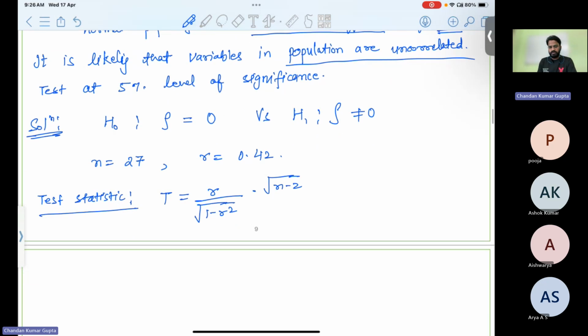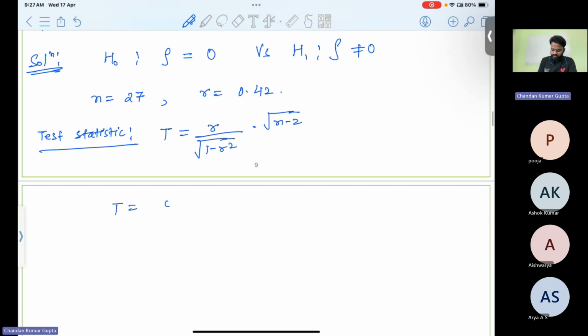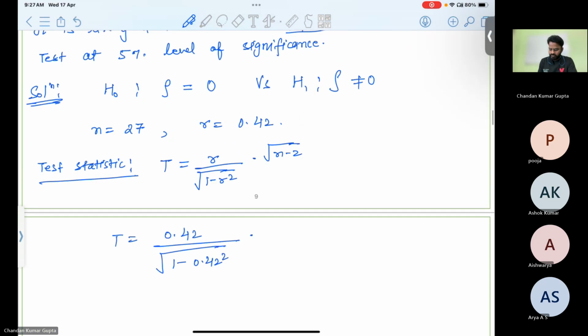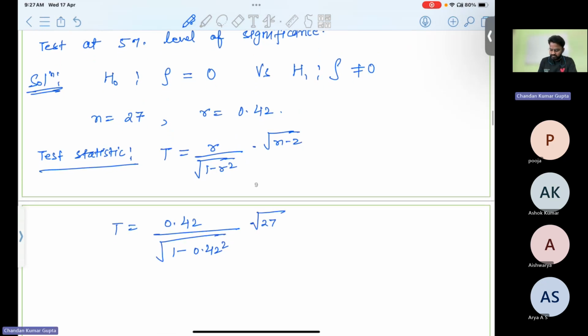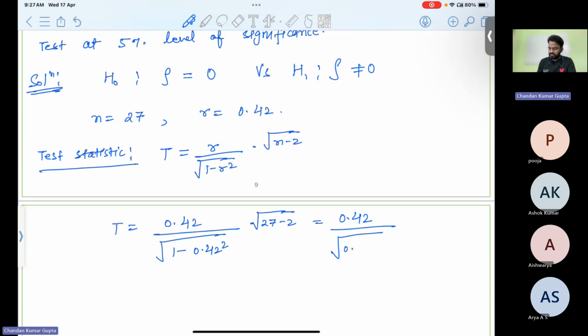Now we need to calculate the value of t, the test statistic, which is r equal to 0.42 over 1 minus 0.42 square, divided by 27 minus 2. It comes out to be 0.8236 into root 25, which is 5.